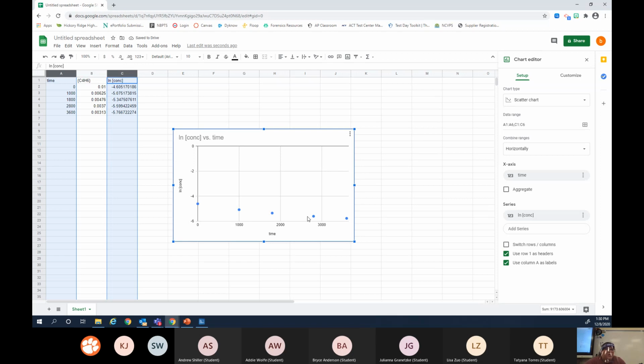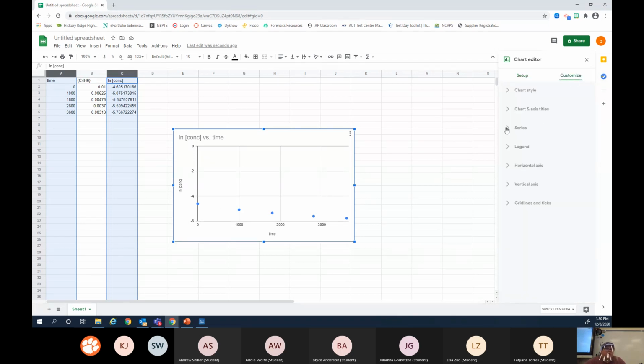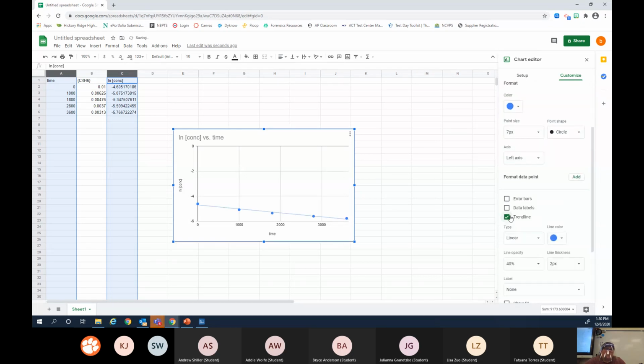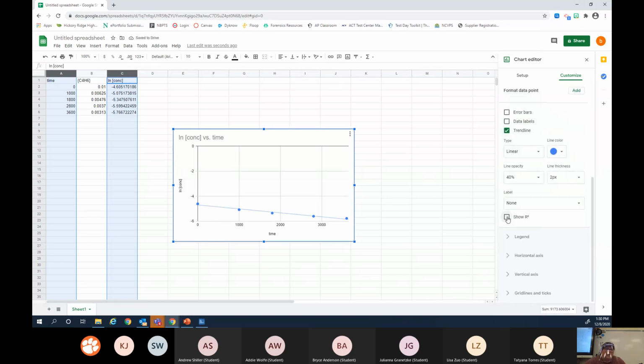Here it brought up the same scatter plot. We can go to Customize, and it was under Series, I believe, where we can get our trend line and our R-squared value. So here it's closer to a straight line, but still not entirely a straight line.